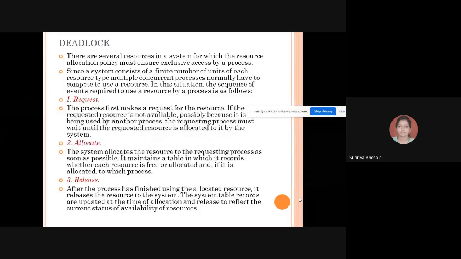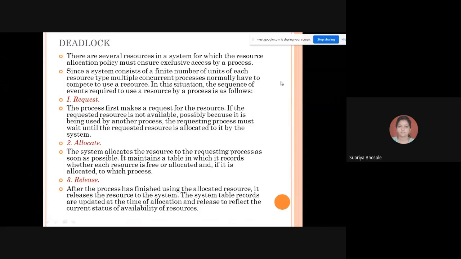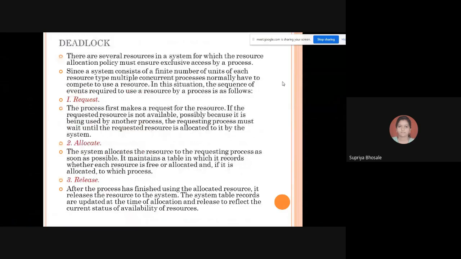So there are several resources in the system for which resource allocation policy must ensure exclusive access by a process. Since a system consists of a finite number of units of each resource type, multiple concurrent processes normally have to compete to use a resource.